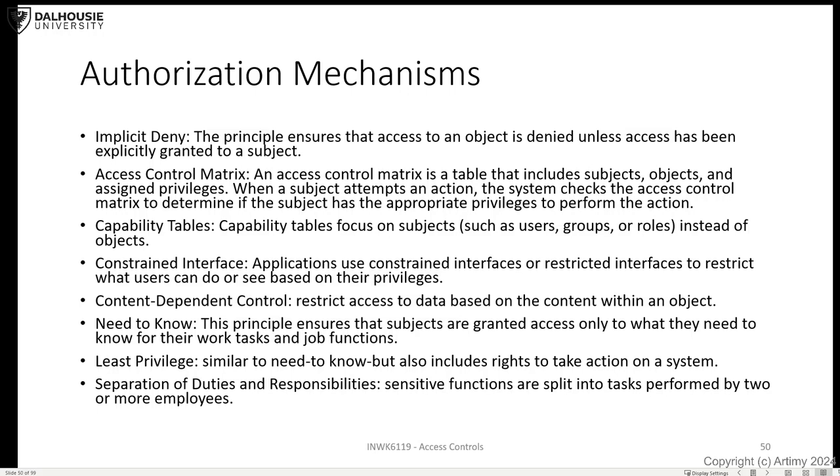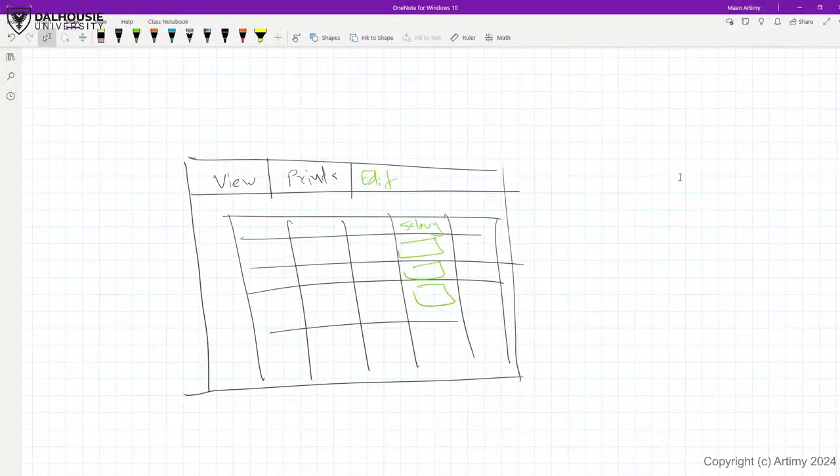So restrict access to data based on the content within an object. An example of that: let's say you are going back to the same database here, and the database has employees from different departments.